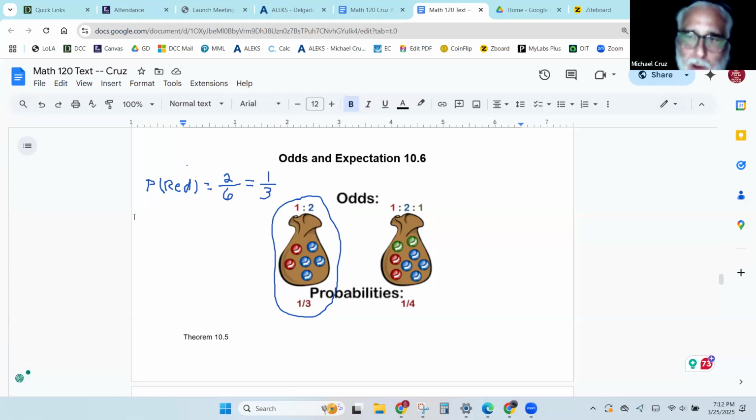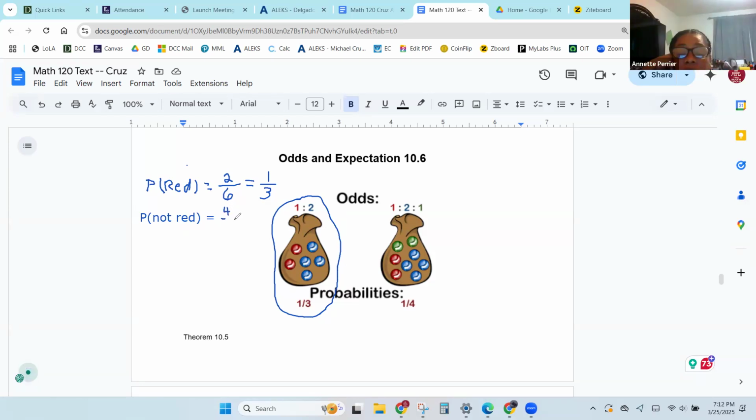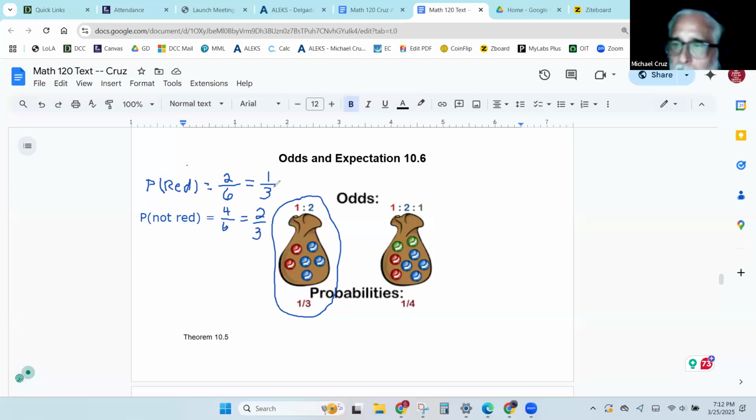So what's the probability of not red? In other words, blue. What's the probability of blue? There's how many blue? 4 out of the 6. And that simplifies to 2/3. And that makes sense because 1 and 2 give us 3, or 3 over 3, which is 1.